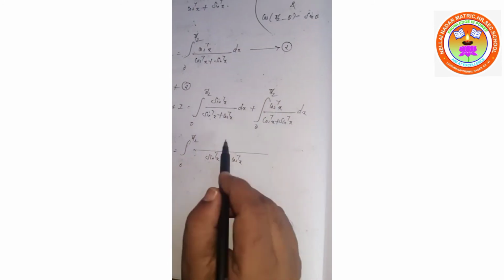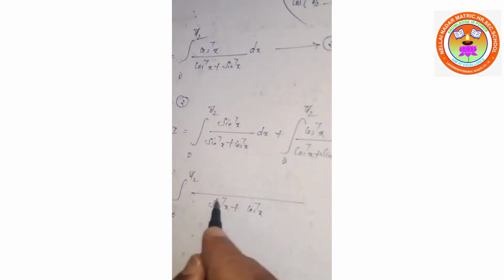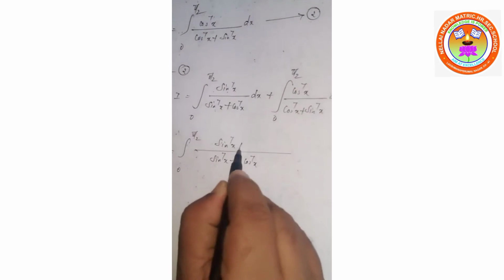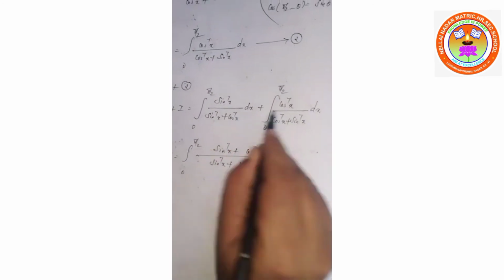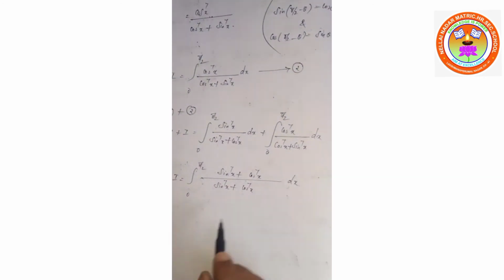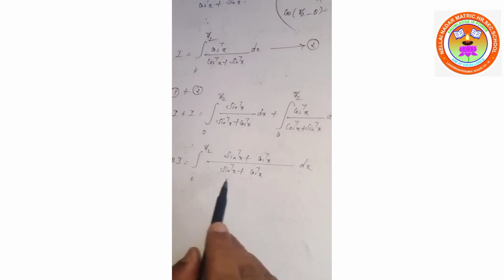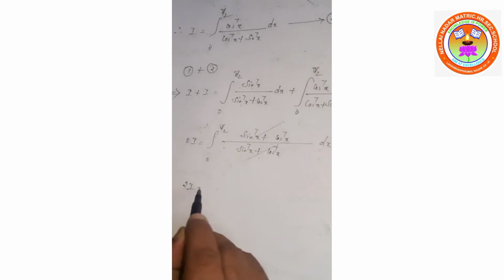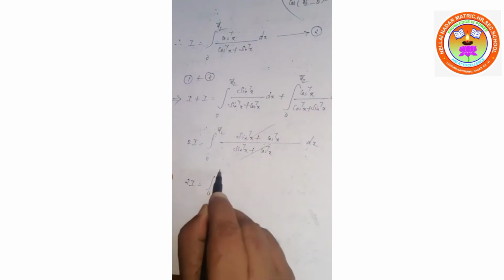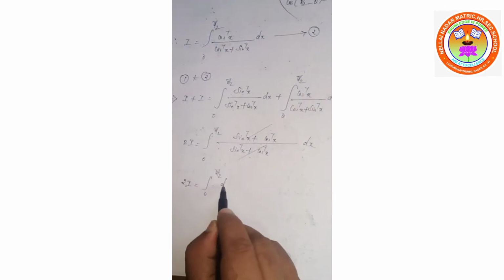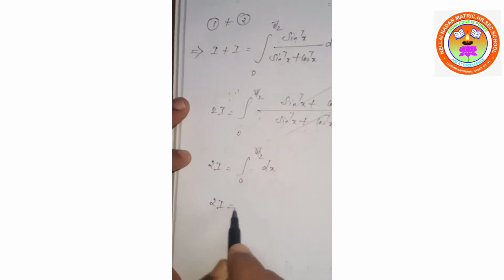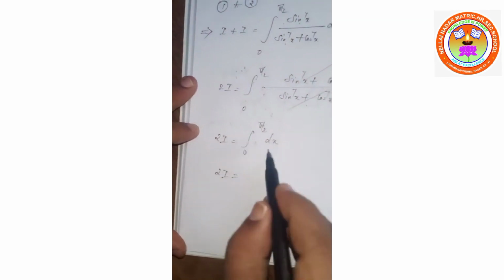Add the numerators, so sin power 7x plus cos power 7x, common dx. So look at the numerator and denominator, both same only, both get cancelled. So 2I equals integral 0 to pi by 2 dx alone there.